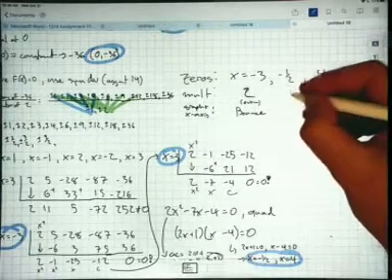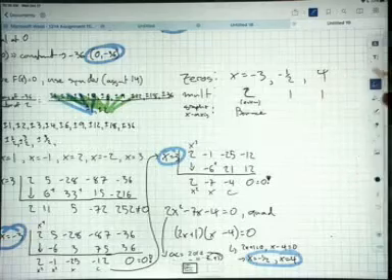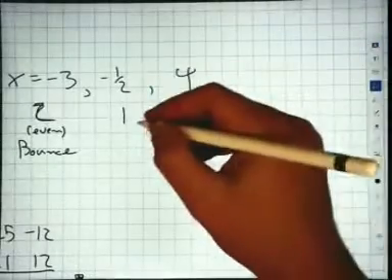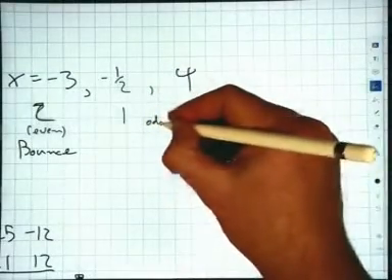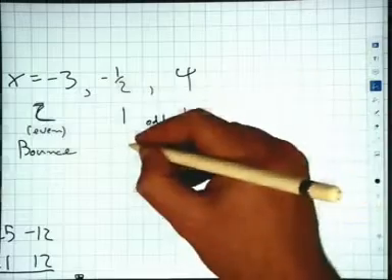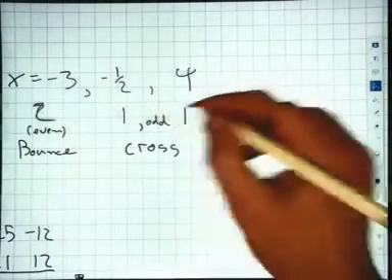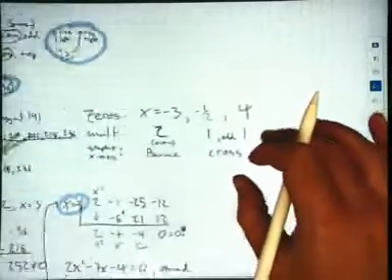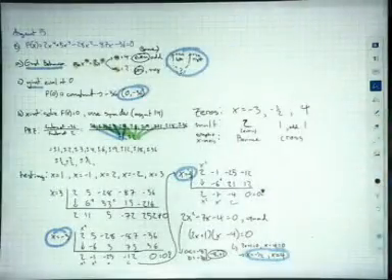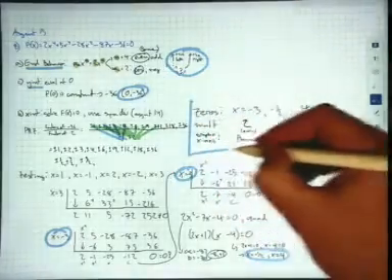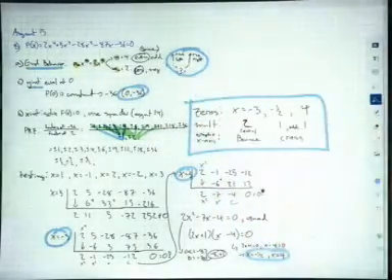Both of these have multiplicity of 1, which is odd. So that means that they are both going to cross the x-axis. So at this point, we have enough information to start getting a sketch of our graph.